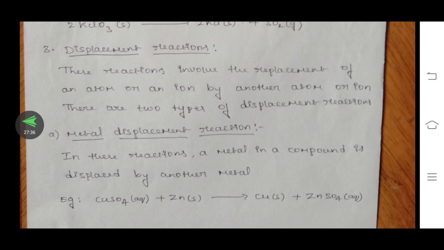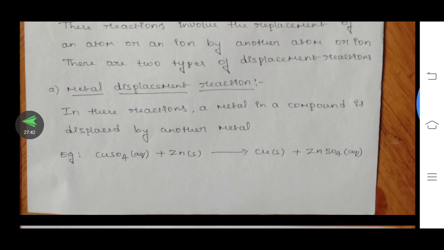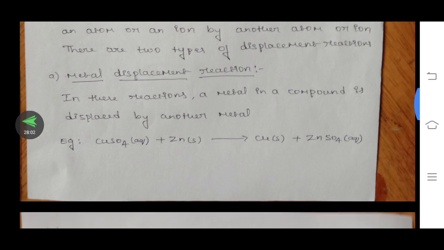In these reactions, a metal in a compound is displaced by another metal. Example, CuSO4 plus Zn gives Cu solid plus ZnSO4. See, in this reaction, zinc displaces copper, because zinc is more reactive than copper, so that's why displacement takes place.